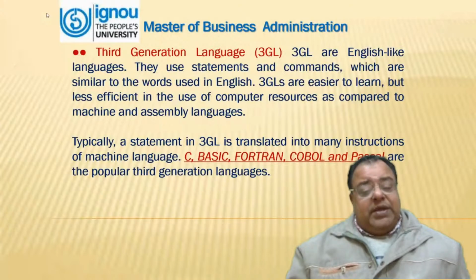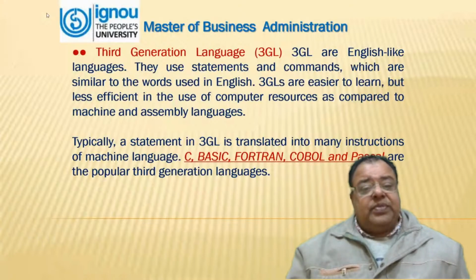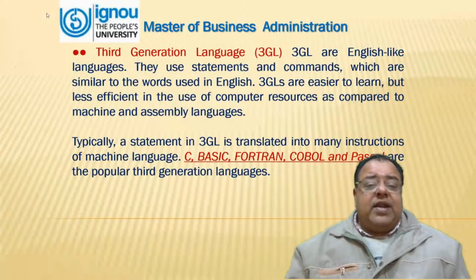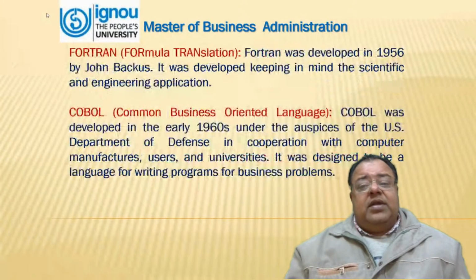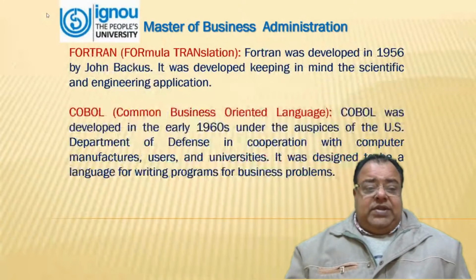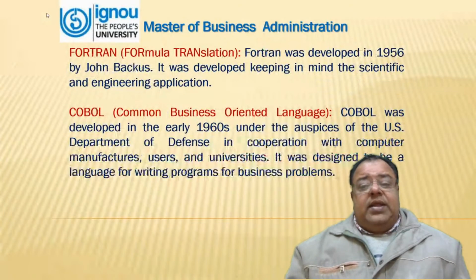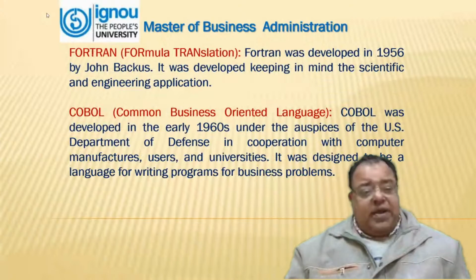C, BASIC, Fortran, COBOL, and Pascal are the popular third generation languages. Fortran, that is Formula Translation, was developed way back in 1956 by John Backus. Fortran is not being used now.